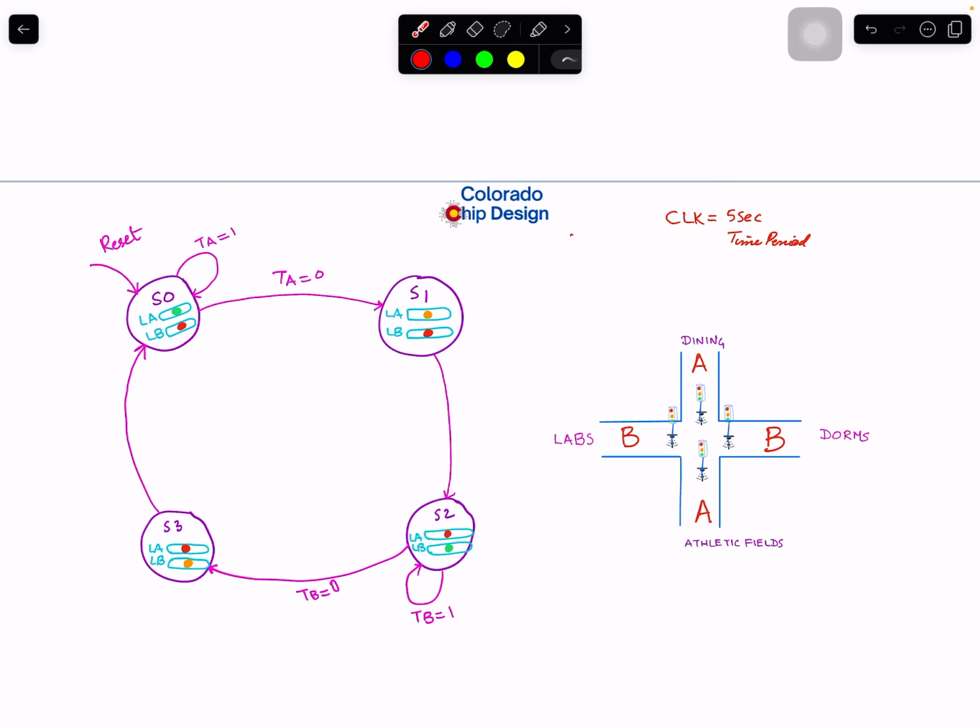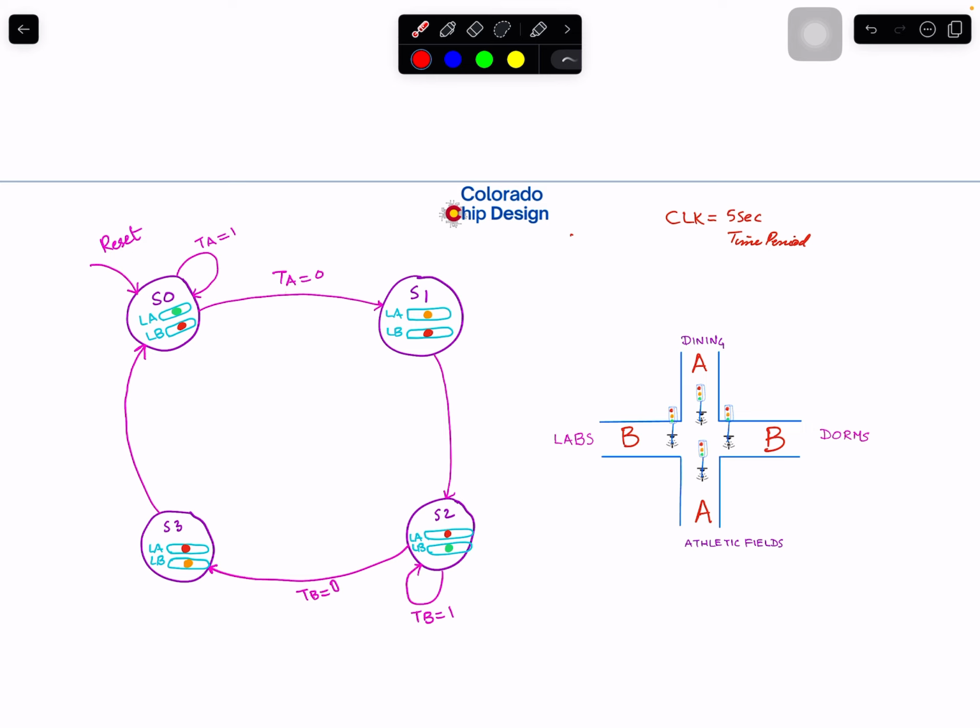Now, we stay in this state if the sensors here and here, TA, are 1, meaning they are sensing people here. As long as people are here, we are keeping this street on. So TA is 1, and that is the input, and we stay here. Now while we are here, when TA is 0, there are no students on this side, we go to another state for 5 seconds.